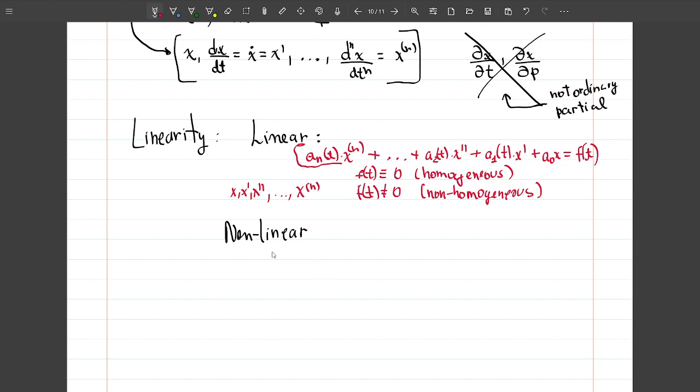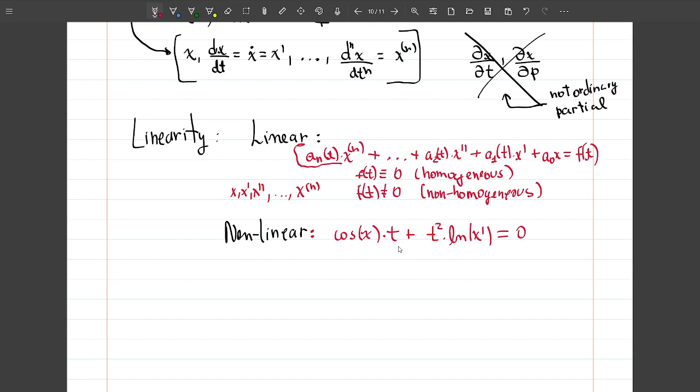When we have nonlinear equations, it's because we have something like the cosine of the function x times t, plus t squared times the natural logarithm of the first derivative of x, equals 0.